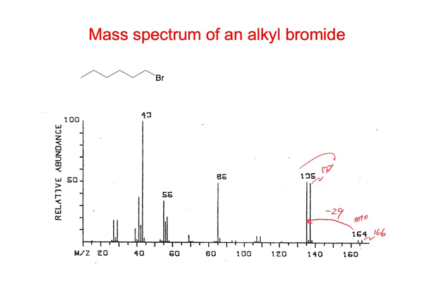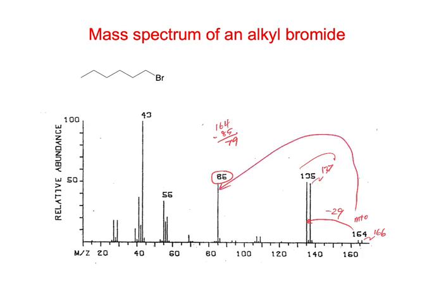When we get down to 85, we can do 164 minus 85 equals 79, so that's loss of bromine.